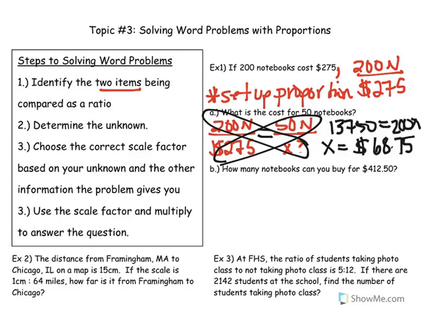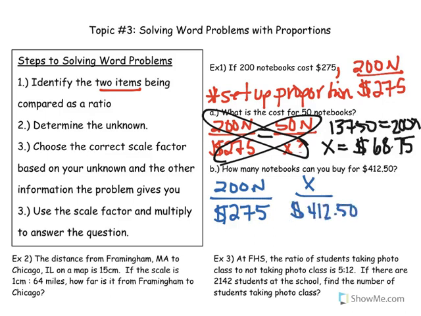So let's do that again with part B. Now I'm saying how many notebooks can you buy for $412.50? So I still have that ratio I know, 200 notebooks per $275. But what's important now is the notebooks is unknown, so my variable needs to go on the top. But I have $412.50, and I know these two ratios have to be equal.